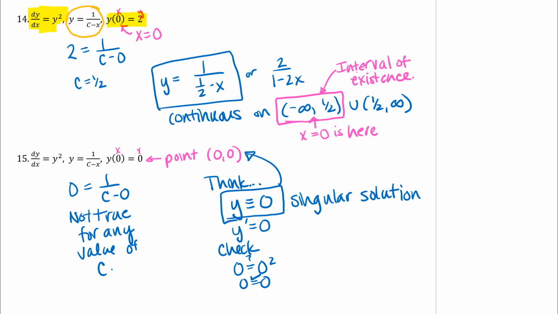We'll look at some theorems and some techniques. But the basic idea here is just to provide a little bit of an example of something where you have a solution. It does satisfy the differential equation and the initial condition, but it does not fit the form of the general solution. It doesn't work for any specific value of c. All right, let's look at this last example here.